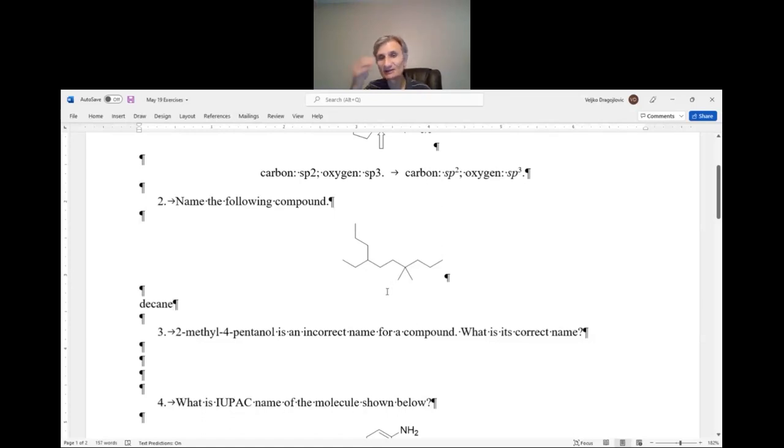But when we alphabetize substituents, we ignore prefixes that indicate a number of substituents, like di, tri, tetra. So this is ethyl versus methyl. So ethyl is listed first. So it's ethyl, and then dimethyl. That's because methyl comes after ethyl alphabetically. And it should be lowercase.